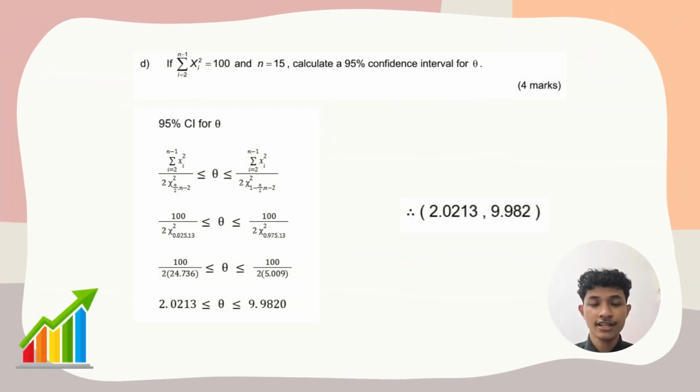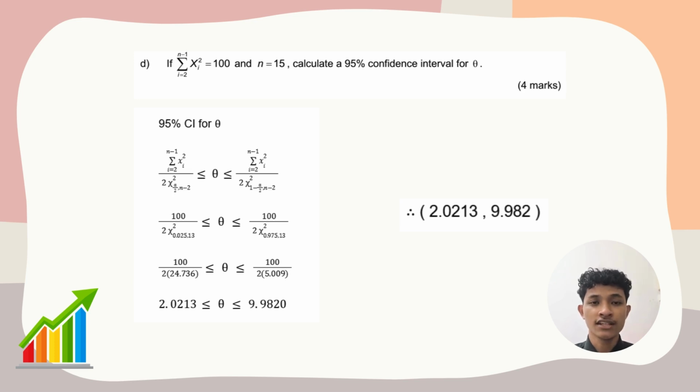Next, question 8D. For this part, we are given that the sum of square observations, summation of xi square, equals 100 and the sample size is n equal to 15. Our task is to calculate a 95% confidence interval for theta. From the previous question, we know that the statistic involving the sum of square observations follows a chi-square distribution.